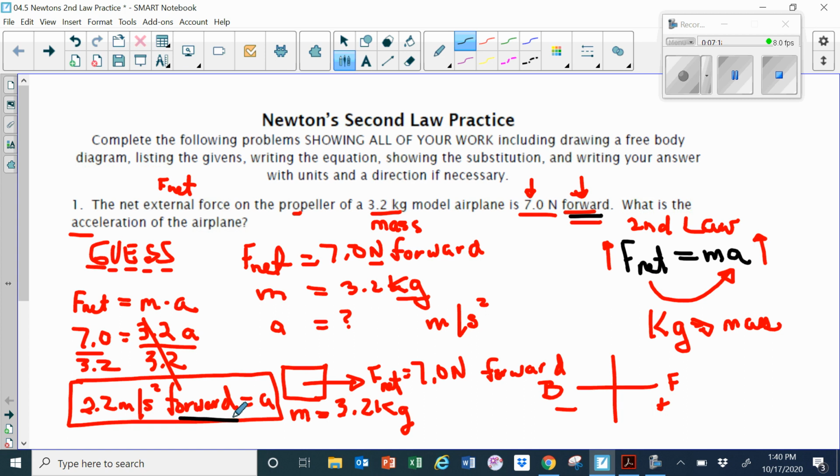So whenever a force acts in a forward direction, the body is going to accelerate forward, not backward. The acceleration is in the same direction as the force. So if the force is backwards, the acceleration will be backwards, and vice versa. Okay, so you're going to do the rest of these problems. Use this as a template for how to do them, and go from here.